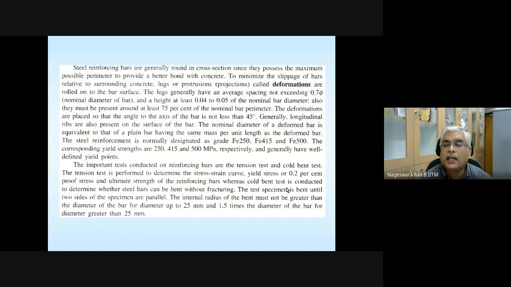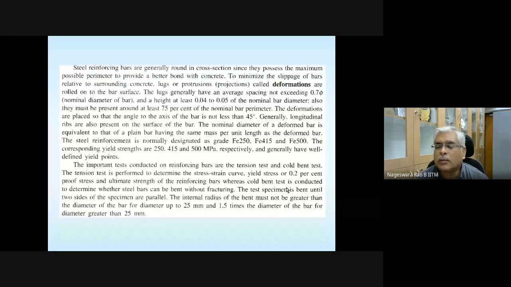The lugs generally have an average spacing not exceeding 0.7 times the nominal diameter of the bar and a height of at least 0.04 to 0.05 times the nominal diameter. Also, they must be present over at least 75% of the nominal bar perimeter.